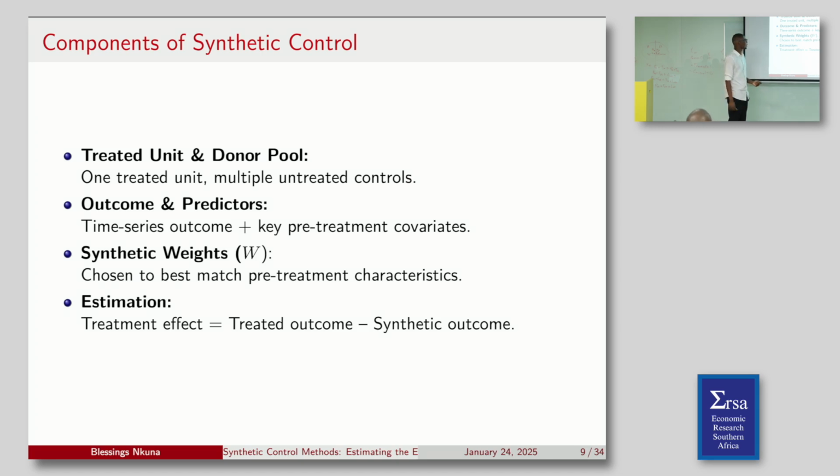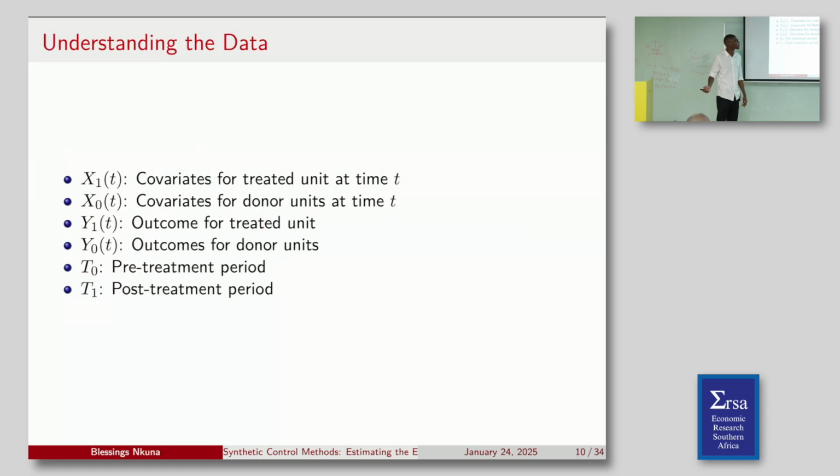And then another thing we need, at the end, your treatment effect, you calculate it by subtracting the synthetic outcome from the treated outcome. So you can think about it in terms of variables. In this way, we need X1 would be the covariates of the treated unit, so the X variables in a normal regression.